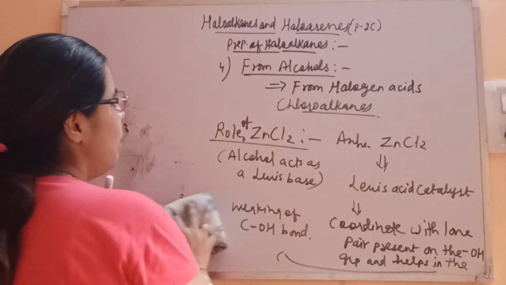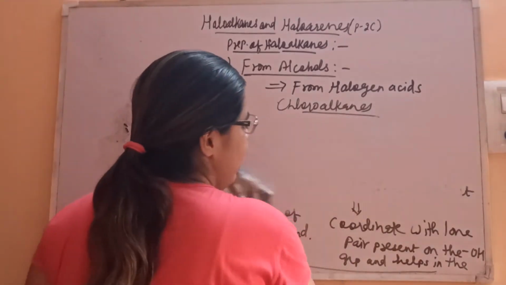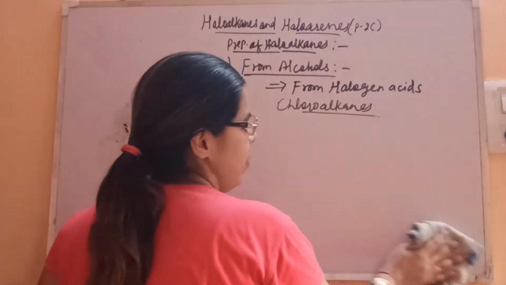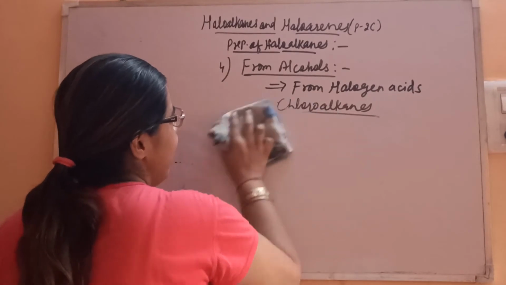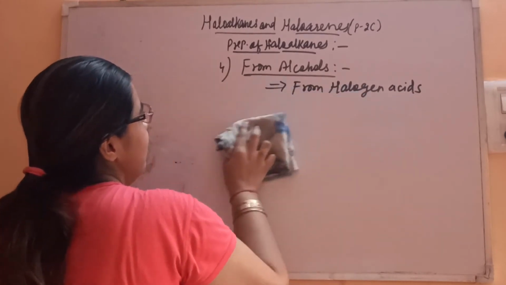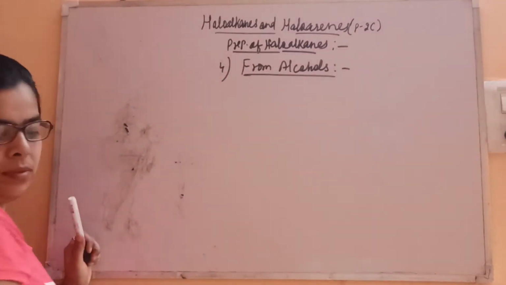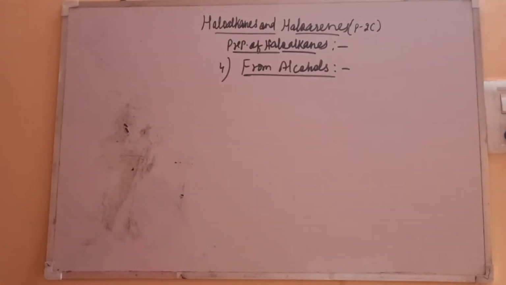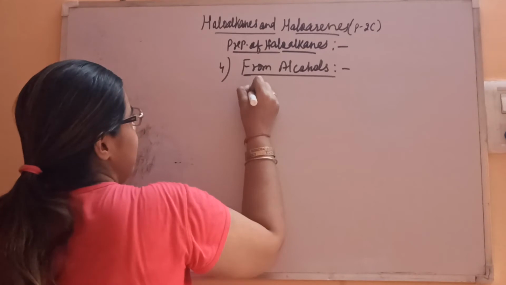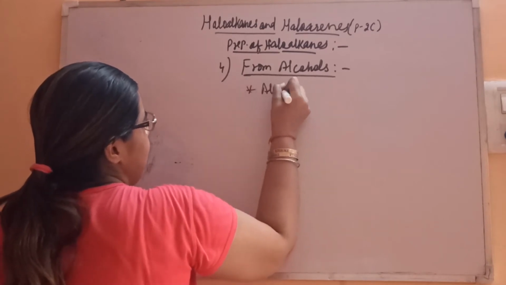Now we'll see how to prepare bromoalkanes and iodoalkanes. The method is different because we have seen the reactivity of HCl and HBr. So let's see how we can prepare. Second is alkyl bromides.